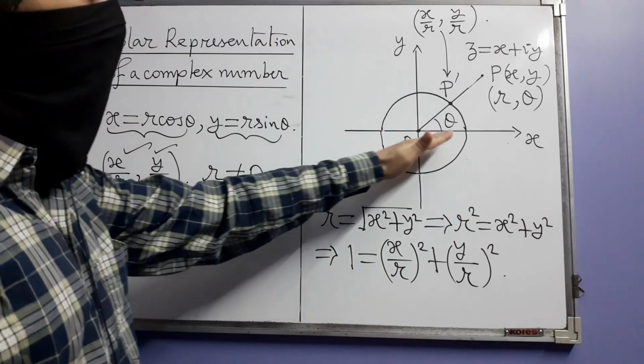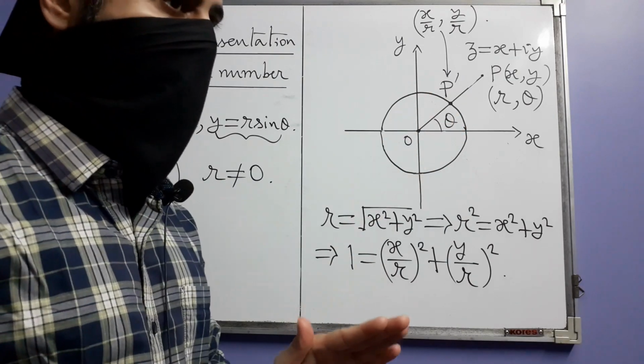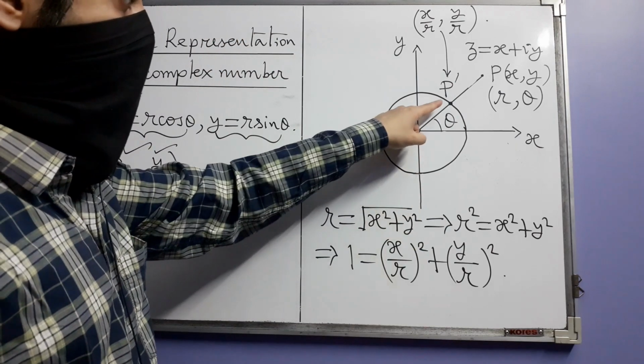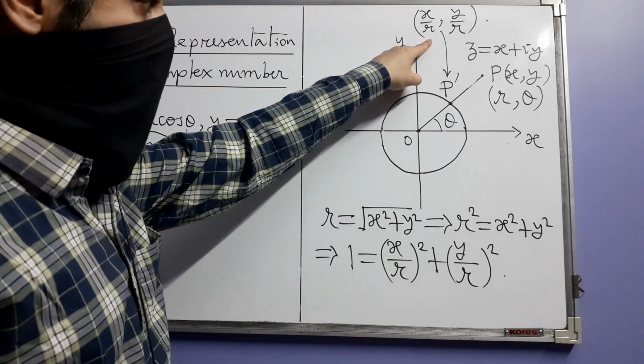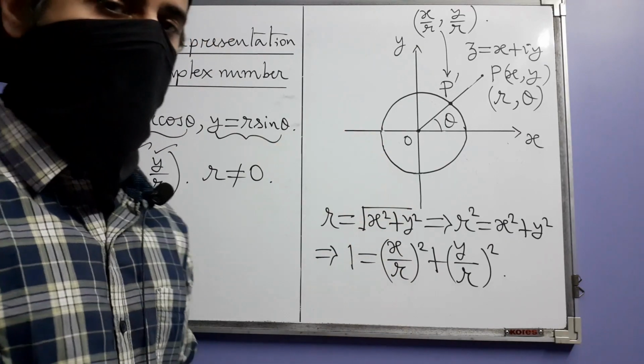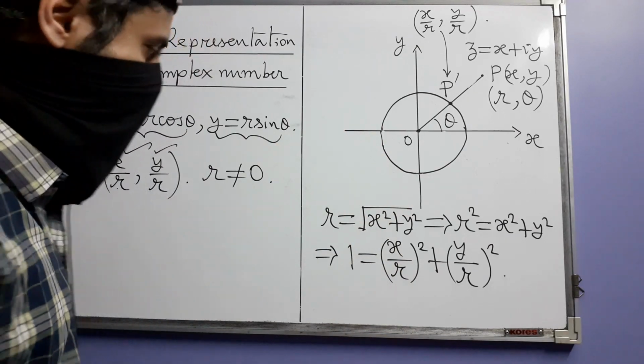However, in this situation, what do you know from the definitions of trigonometric functions? That the x coordinate of the point is defined to be cos theta and the y coordinate is defined to be sin theta.